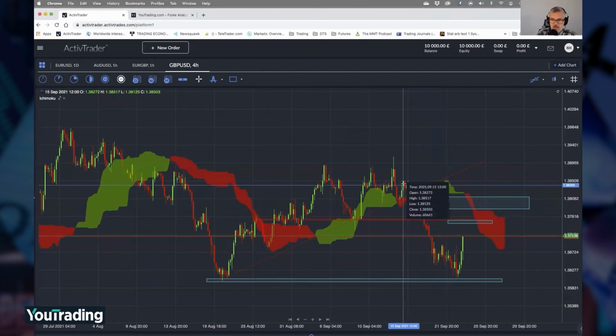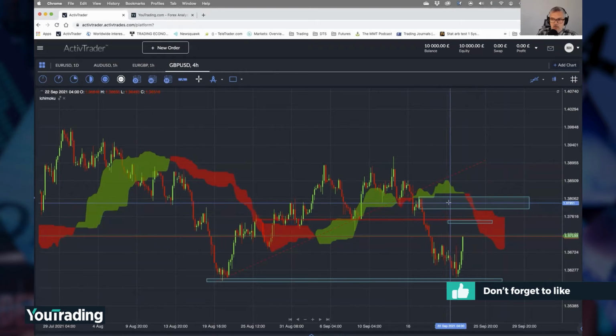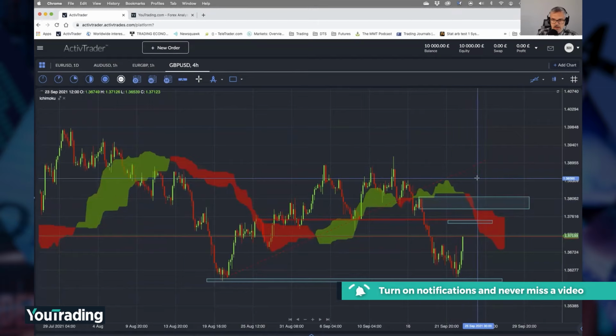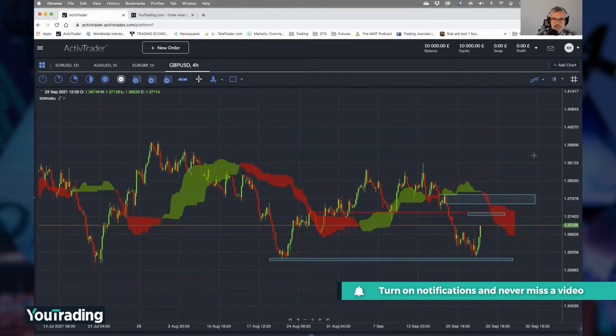So that's kind of what I'm looking for. I'm looking for a reaction at the 1.375 and then another reaction at 1.38 if we get through there. And if I don't see a bearish reaction, then I'm going to wait for a breakout, retest, continuation for a higher high.